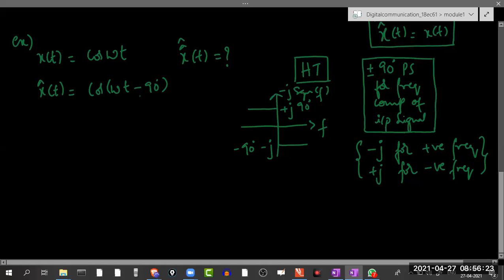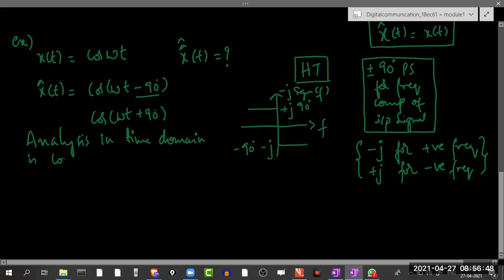So we cannot exactly say whether it's minus 90-degree or whether to substitute cos(omega t plus 90-degree). So analysis in time domain is quite confusing.